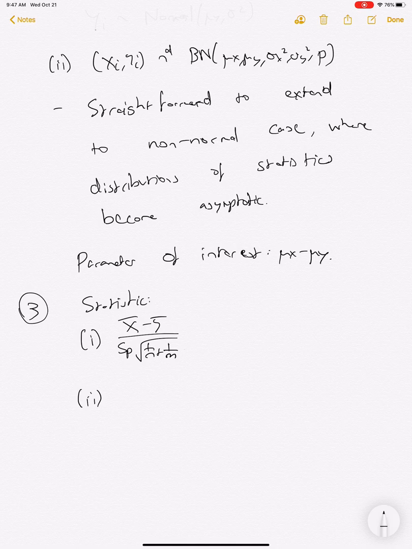And then in the second case, we have d bar over SD times square root of 1 over n.